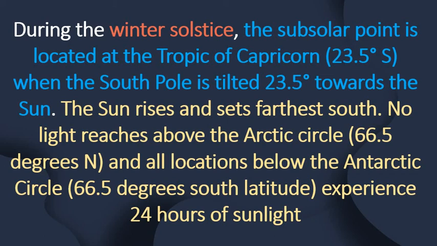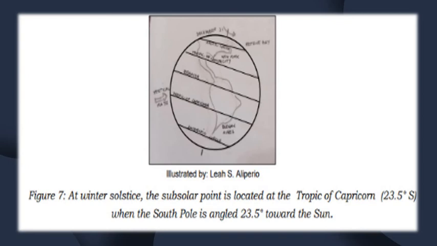No light reaches above the Arctic Circle, which is 66.5 degrees north, and all locations below the Antarctic Circle, which is 66.5 degrees south latitude, experience 24 hours of sunlight. So figure 7, a winter solstice: the subsolar point is located at the Tropic of Capricorn at 23.5 degrees south when the South Pole is angled 23.5 degrees toward the sun.